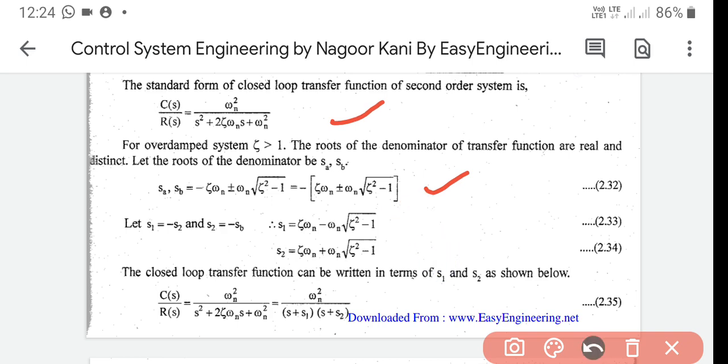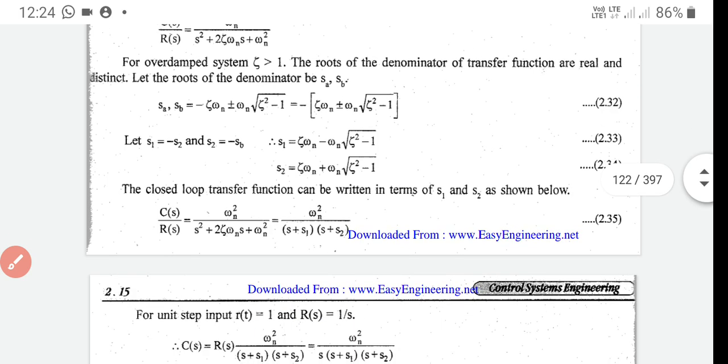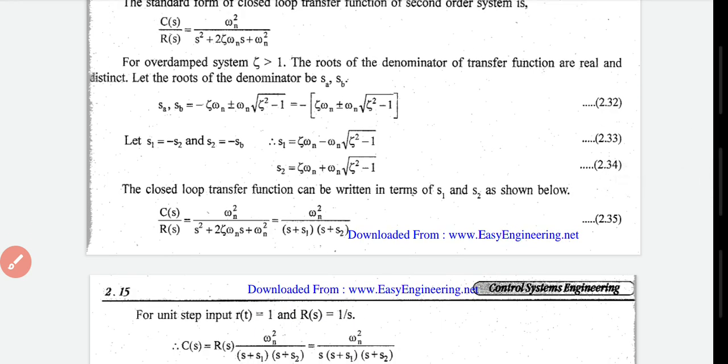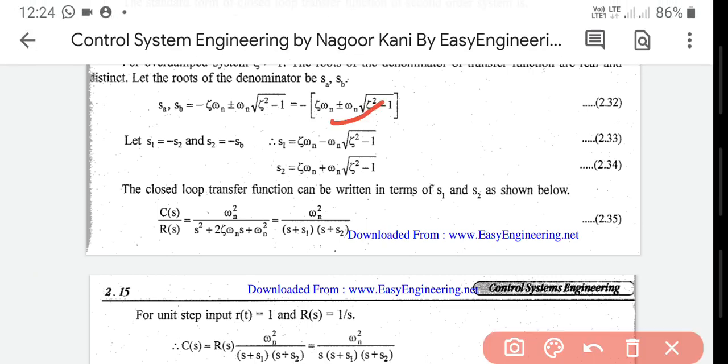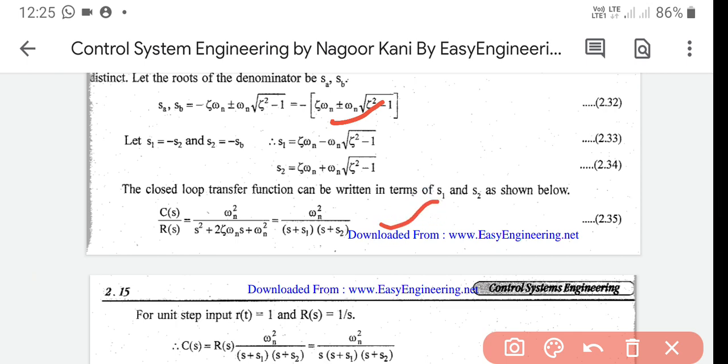Now substituting those roots as s1 and s2, your equation can be written like this. C of s by R of s is equal to omega n square by (s plus s1) into (s plus s2).